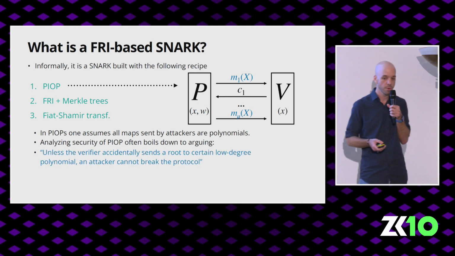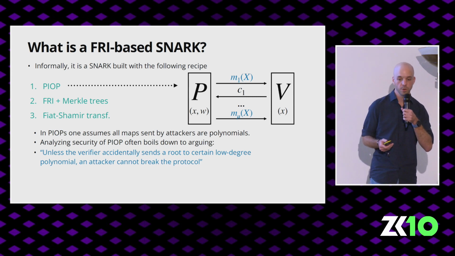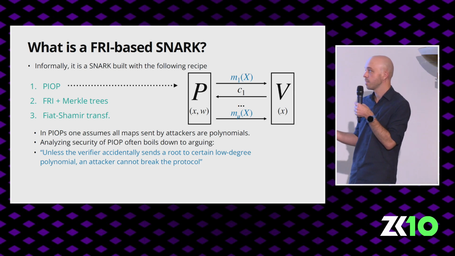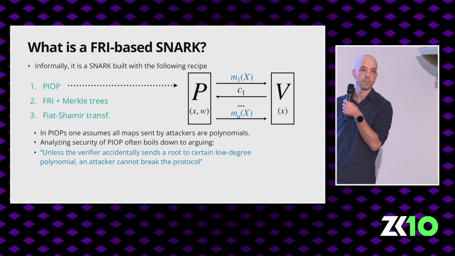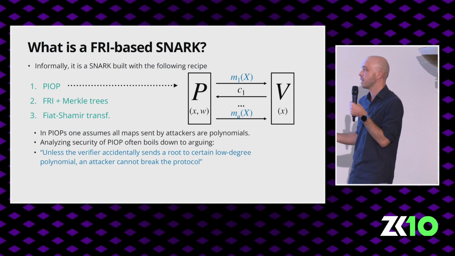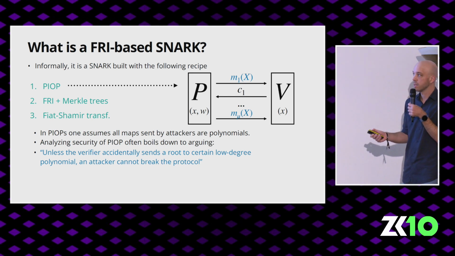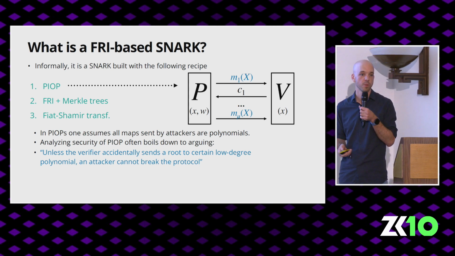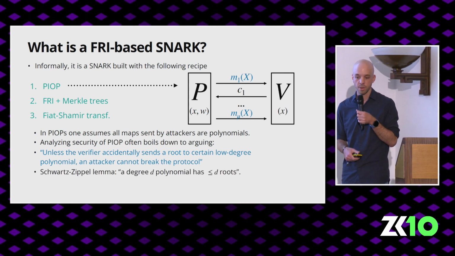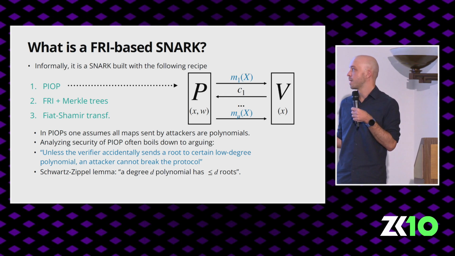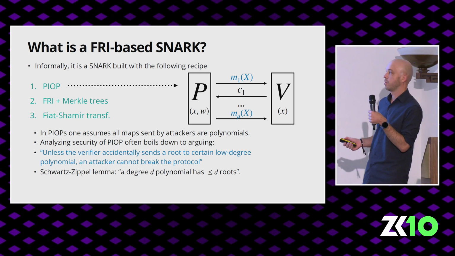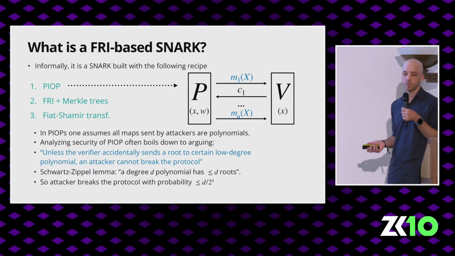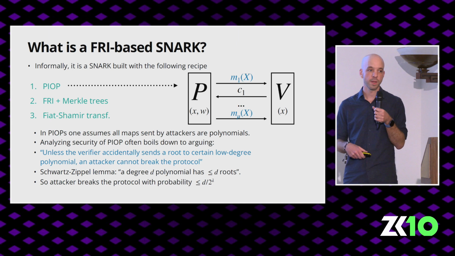If you've worked with PIOPs or read some papers on them, you usually end up finding a statement of this form. You start analyzing the security of the PIOP, and you end up proving that unless the verifier is very unlucky and sends a root of some low-degree polynomial, the attacker cannot break the protocol. Then you use the Schwartz-Zippel lemma, which says that low-degree polynomials have a small number of roots, and you get that the attacker can break the protocol only with negligible probability.